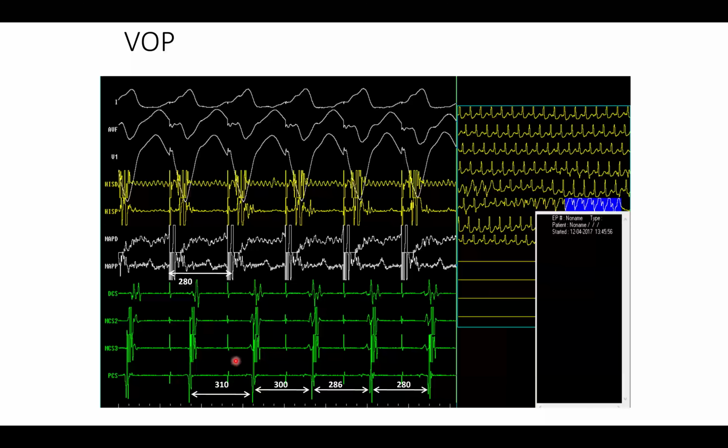Tachycardia cycle length is 300. Remember, in the electrophysiology laboratory, we don't talk in terms of beats per minute. We talk in terms of milliseconds. So this is 310 milliseconds. You pace 30 milliseconds faster than the tachycardia cycle length. You're pacing from the RV apex.